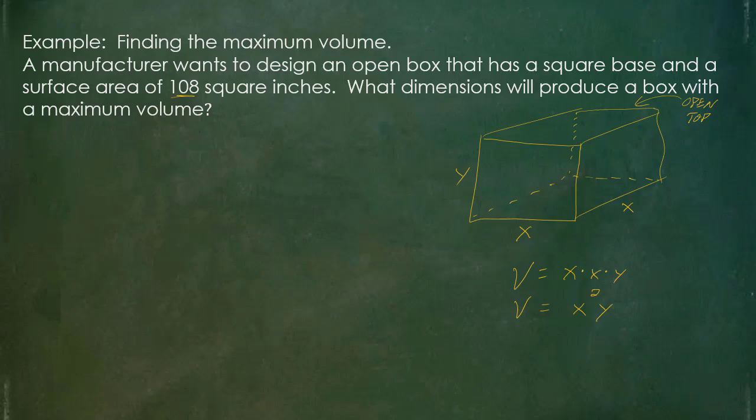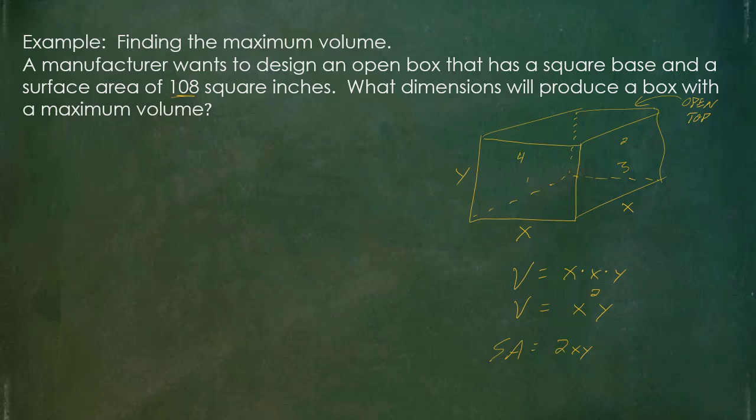And then it does give us a surface area. So if we think in terms of surface area, surface area for a box is going to end up being, if we think about kind of numbering our sides here, if I said that the front was 1 and the back was 2, those both have the same dimensions of x times y, so I know I have 2xy. Then I have the right side, if I call that 3, and the left side, if I call that side 4.